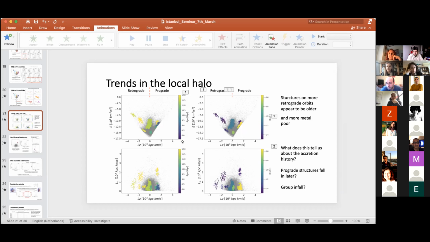So I think all of the retrograde structures will be accreted structures, I believe, or maybe not, I'm not so sure. Actually, now that I'm saying it out loud, the idea is that the disk moves in one direction, but when you go into the halo, the motions are a lot more random. So we have a lot of stars moving in different directions.